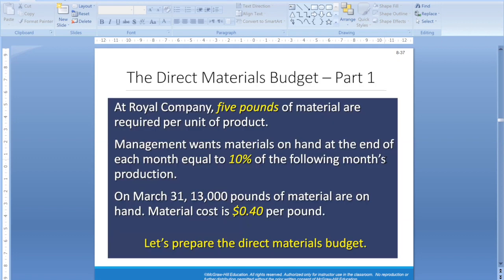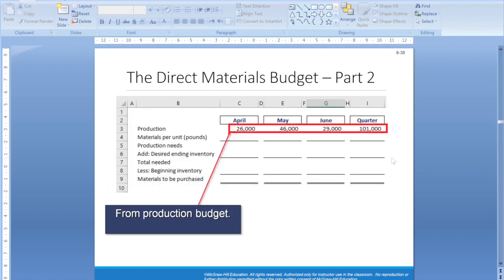Now, the question is, if I need to produce 26,000 finished goods units in April, the question for the direct material budget, what will be the materials to be purchased? Okay. The tricky word here is the difference between the finished goods and the material units.